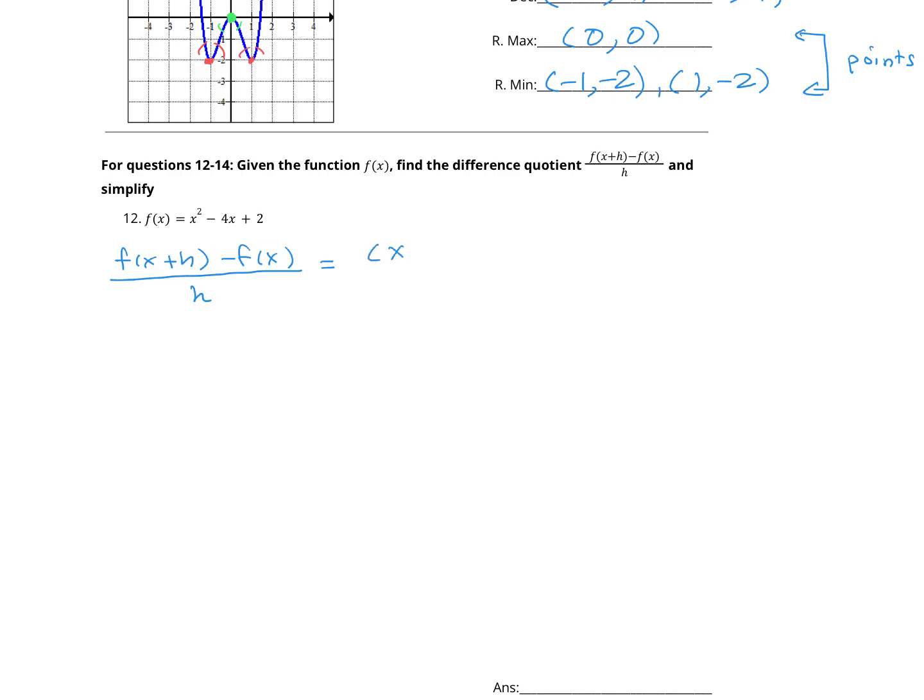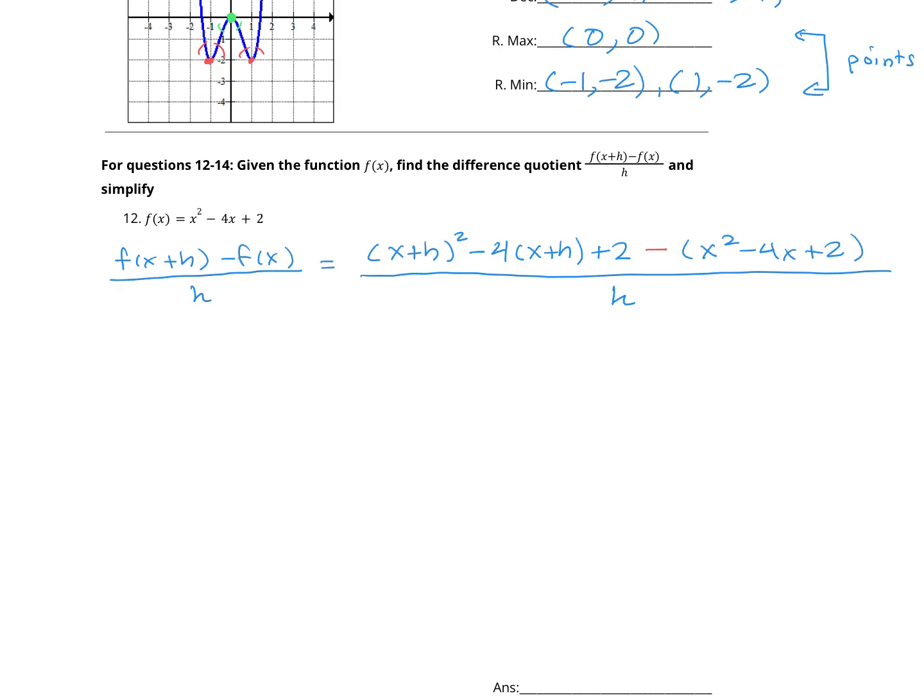So that's going to be x plus h quantity squared minus 4 times x plus h plus 2. Now this formula has a minus in it, and then we subtract away the entire f of x formula, which is x squared minus 4x plus 2. And this whole thing is sitting over top of the h.